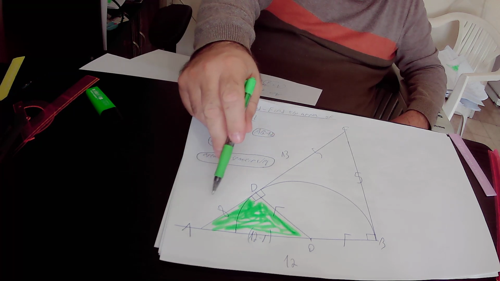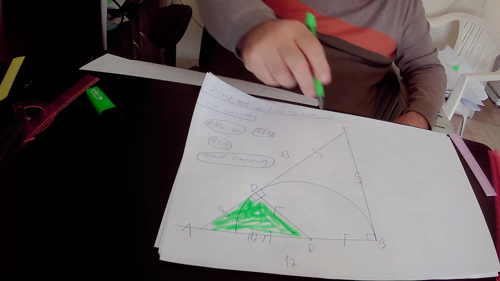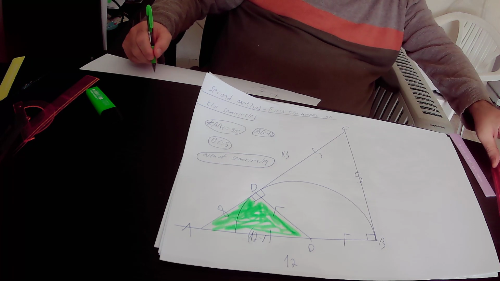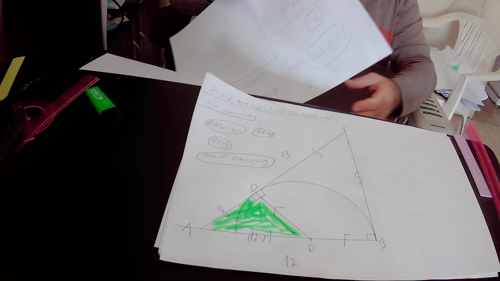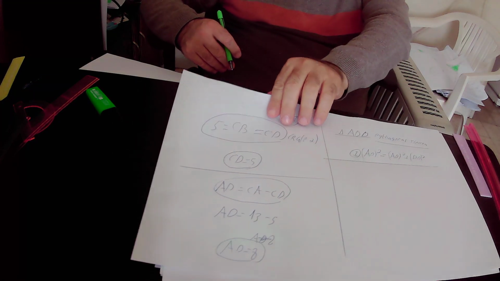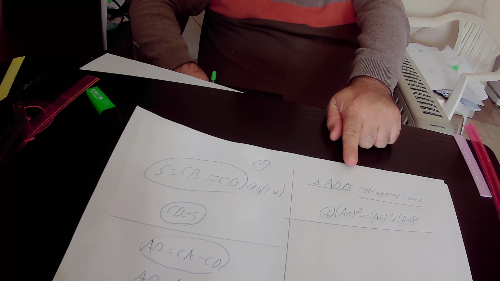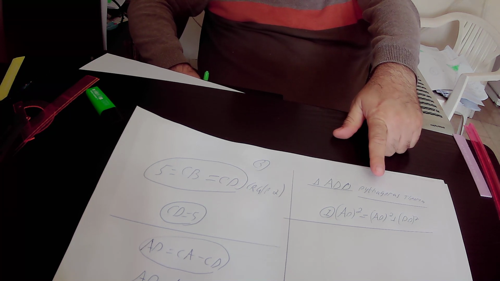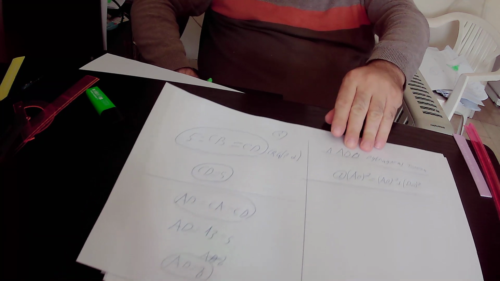That is to say, AD square plus DO square. So again, AO square equals AD square plus DO square.